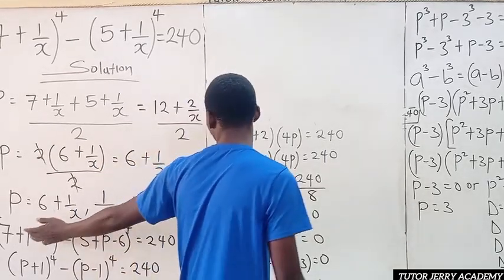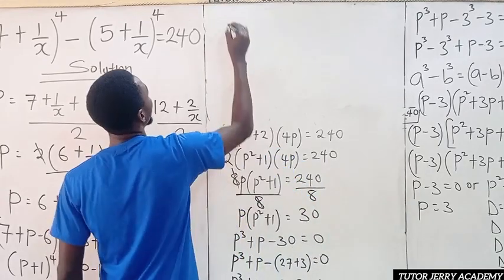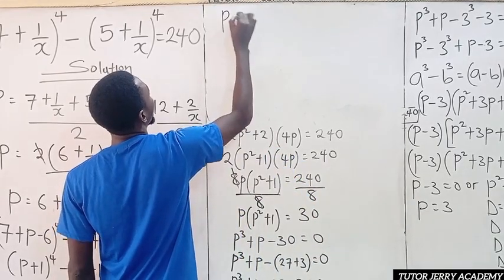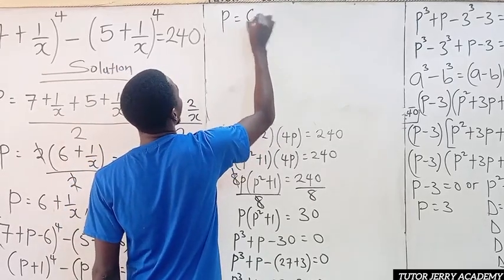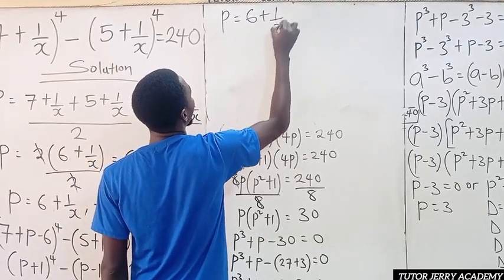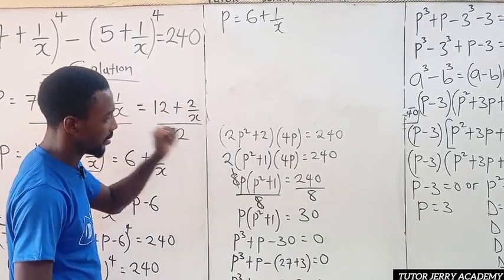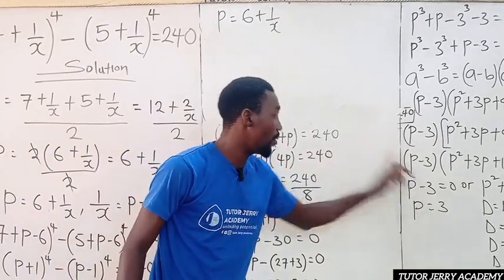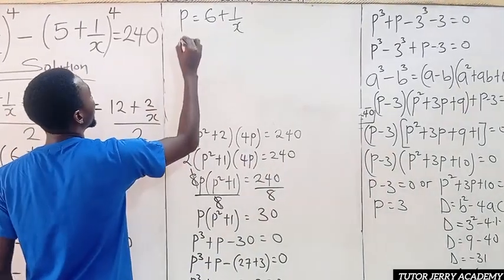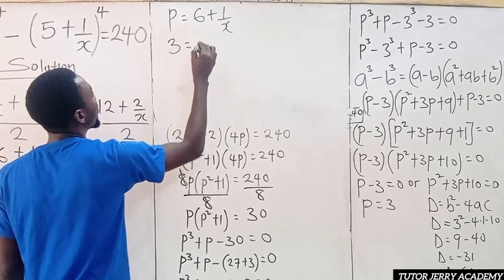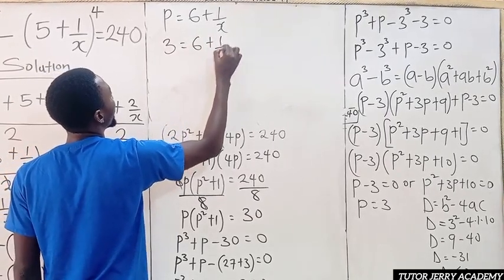And don't forget that p is equal to 6 plus 1 over s. Now, if this is correct, we can substitute p to be 3 here. So 3 will be equal to 6 plus 1 over s.